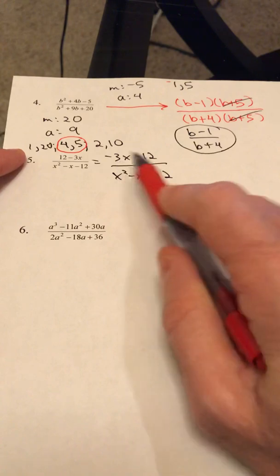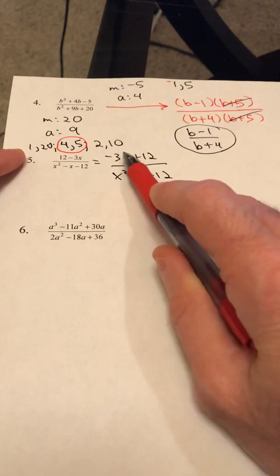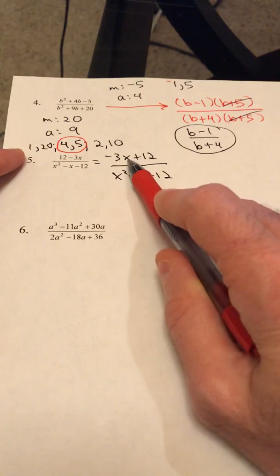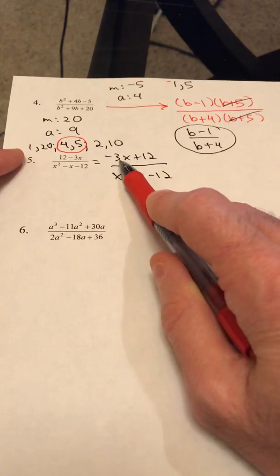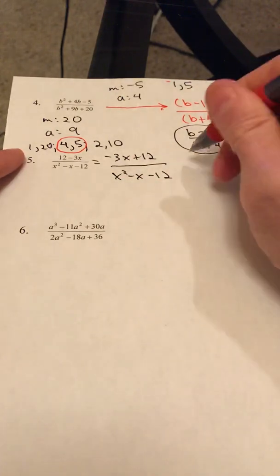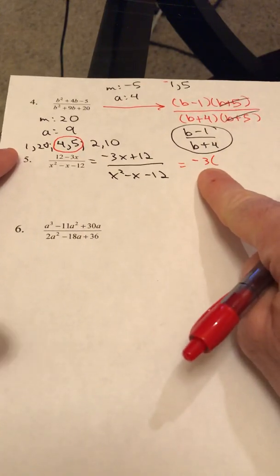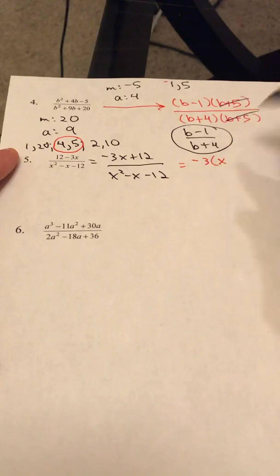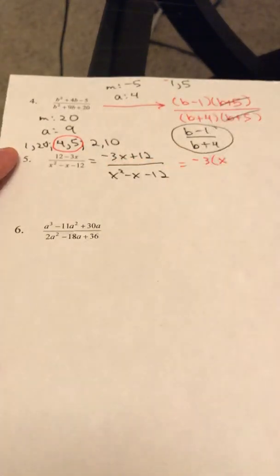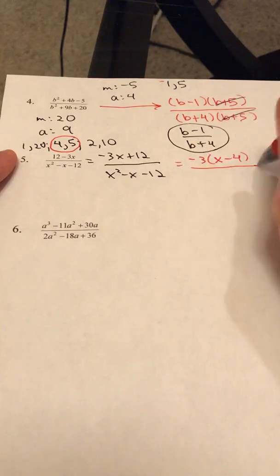Out of -3x and positive 12, we always want to try to turn this variable term into a positive. So that means I can actually divide not just a 3, but a -3 out of both of these. So when I do that, my -3, the GCF, comes out to the front, leaving x. Divide 12 by -3, that leaves minus 4.